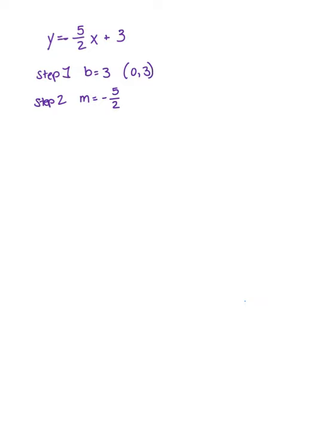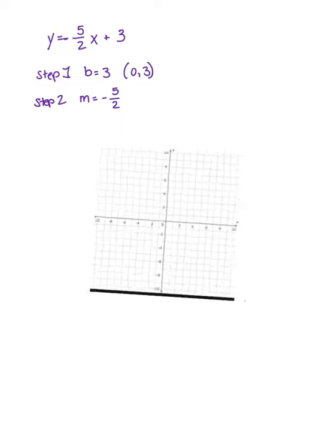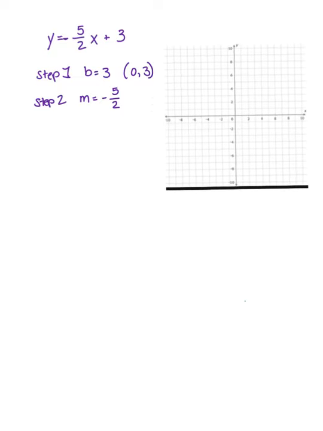Okay, and so we're going to plot both of those points. So I'm going to get a graph. Okay, there's my graph. I'm going to plot my first point, which is the y-intercept, so 0, 3.